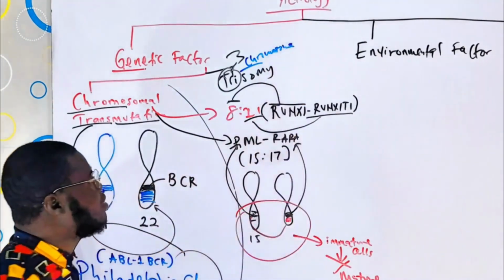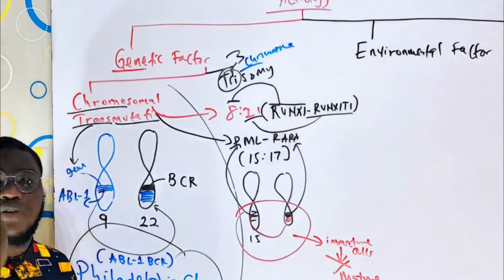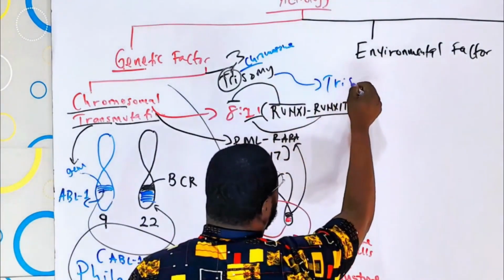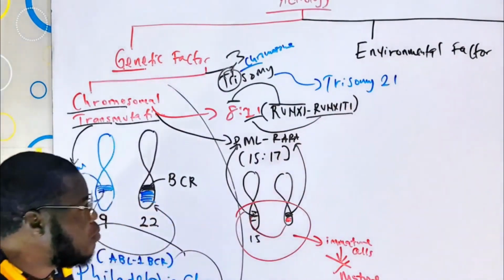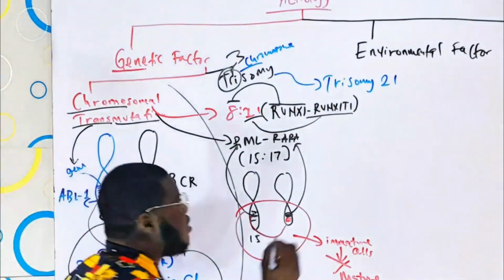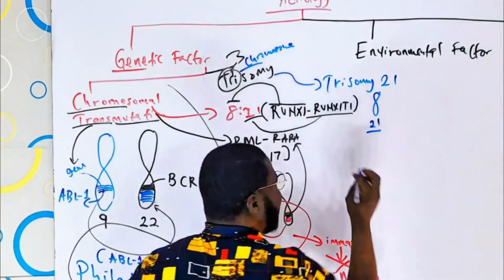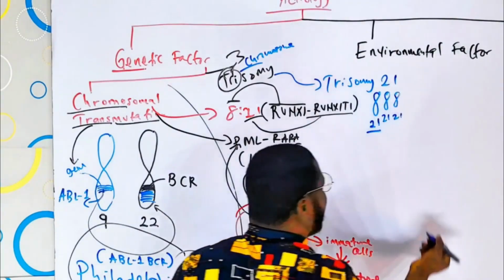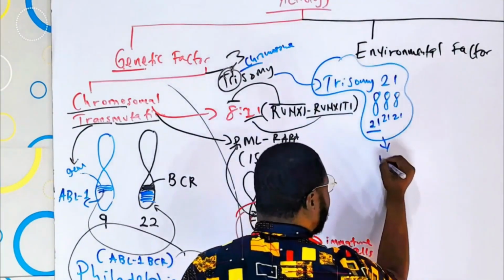So when they say trisomy, it means a chromosome that's supposed to occur once occurs thrice. An example of that is trisomy 21. The chromosome number 21, instead of occurring in a single place, occurs in 3 places: 21, 21, 21.